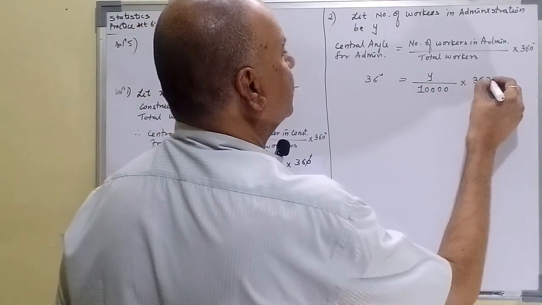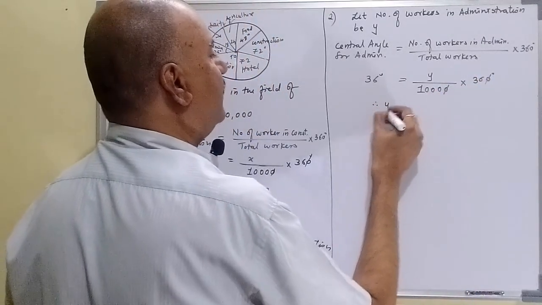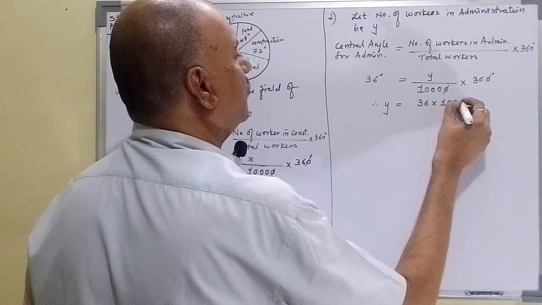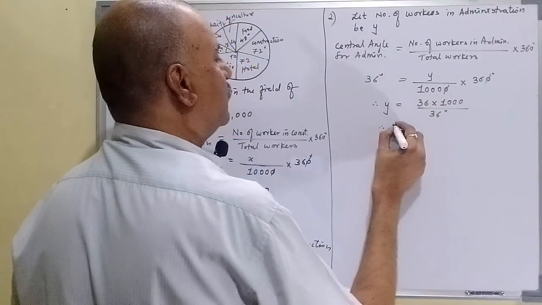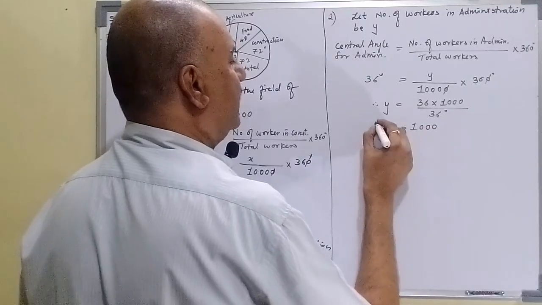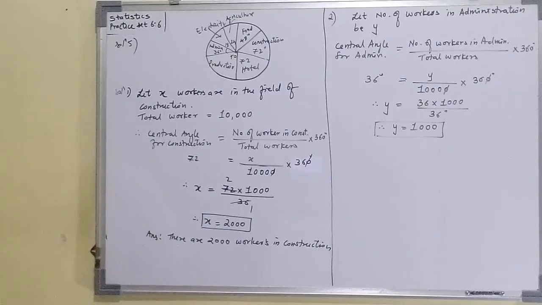into 360 degrees. 0, 0 गया. So y will be 36 into 1000 upon 36 degrees. So y will be 1000. ये आपका आंसर. This is your answer. Write down in words.